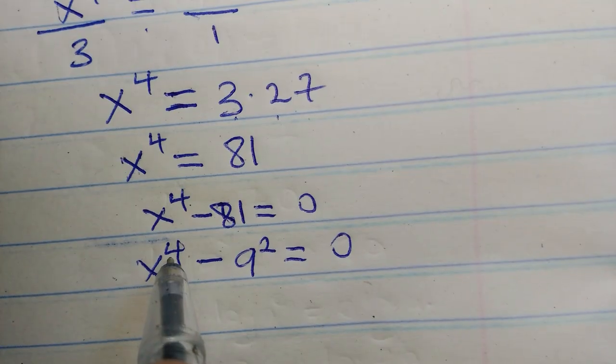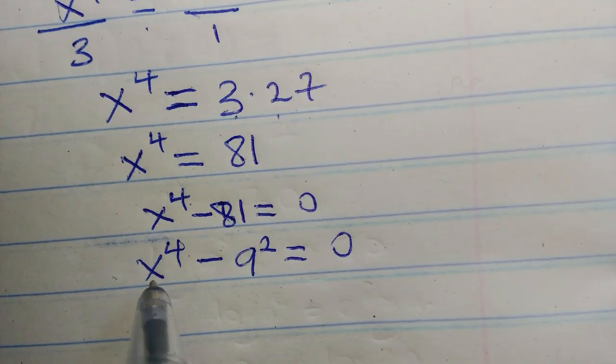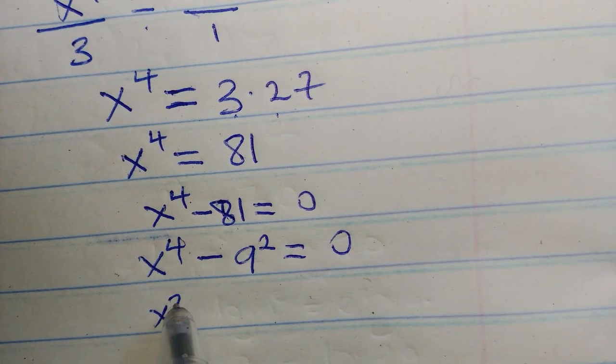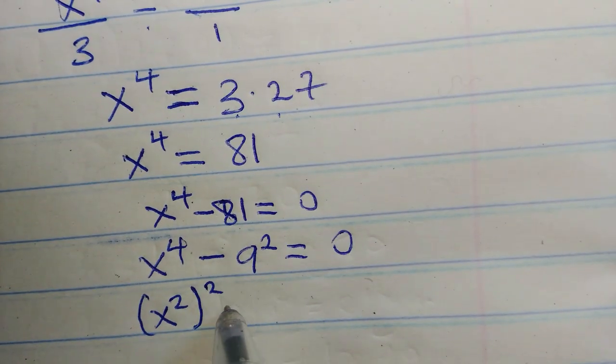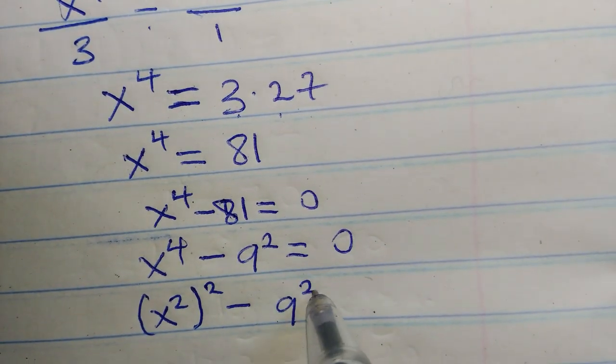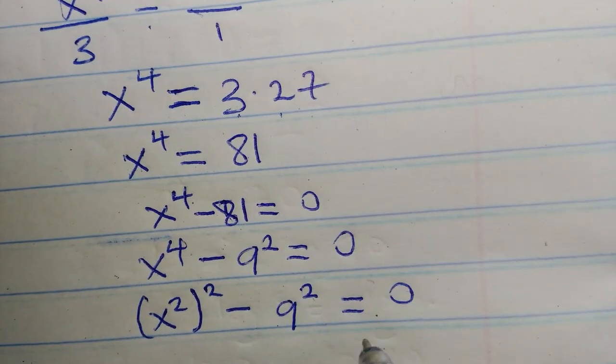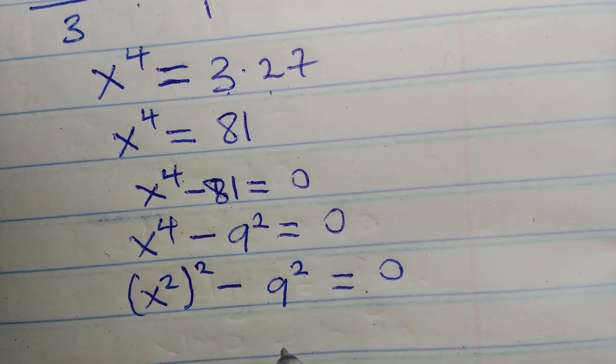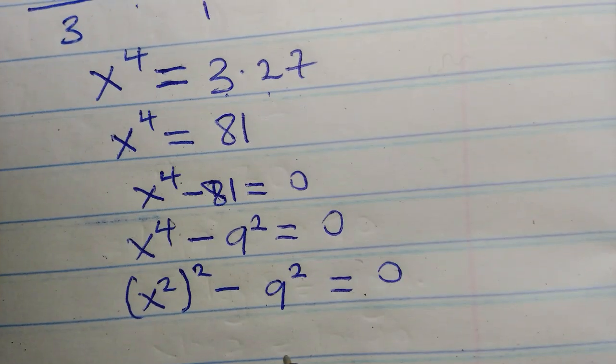We can also raise this to the power of 2. So if we do that, we can say x to the power of 2, all squared, minus 9 to the power of 2 equals 0. So this is what we now have.